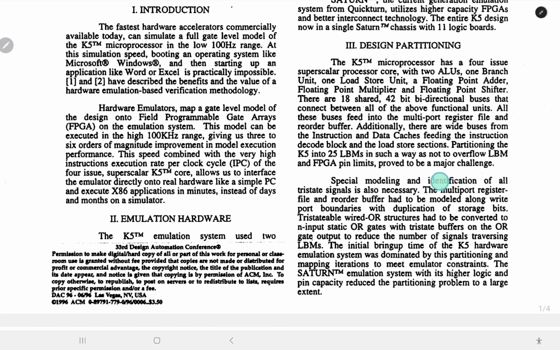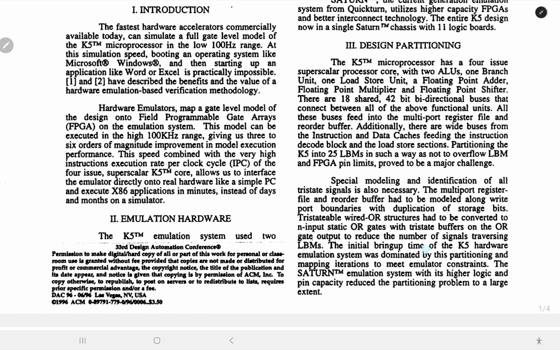Spatial modeling and identification of all tristate signals is also necessary. The multi-port register file and reorder buffer had to be modeled along write port boundaries with multiplication of storage bits. Tri-statable wired-OR structures had to be converted to an input static OR gate with the tri-state buffers on the OR gate output to reduce the number of signals traversing LBMs.